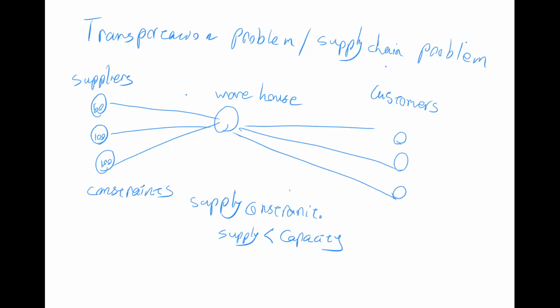But that comes from the objective function, because our objective function is minimizing the cost. The way linear programming works, through the objective function, it takes care of your benefits or costs.